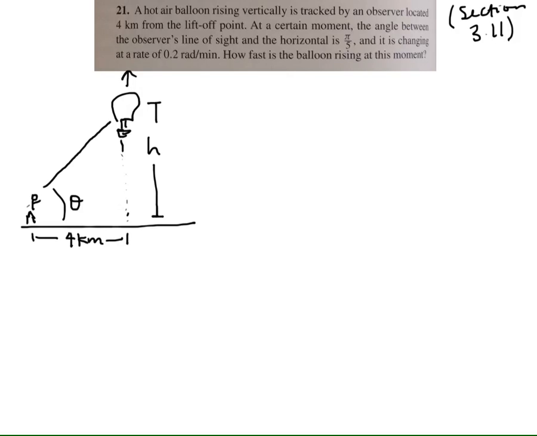Okay, so what we know is, when theta is equal to pi over 5, the angle is changing at a rate of 0.2 radians per minute.